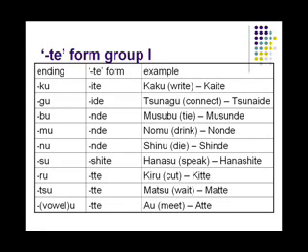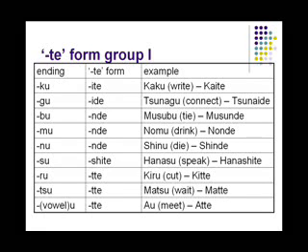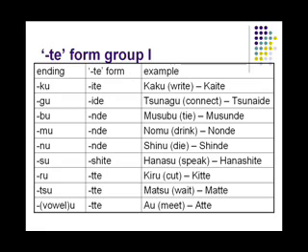The third ending is bu. The te form here is nde. The example is the word musubu, meaning to tie. This becomes musunde in the te form.